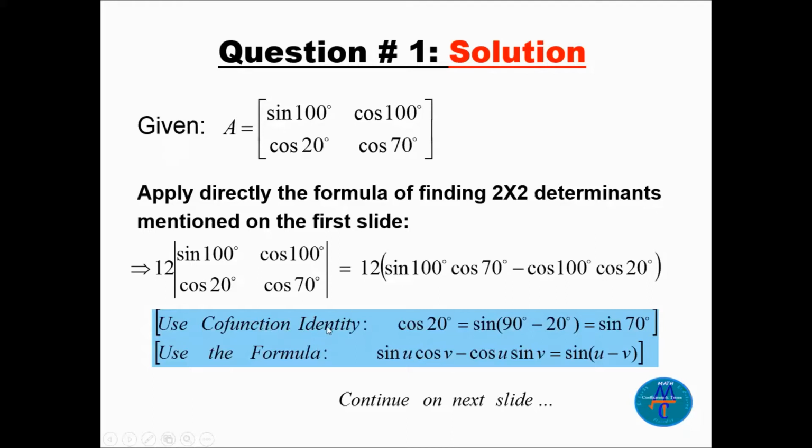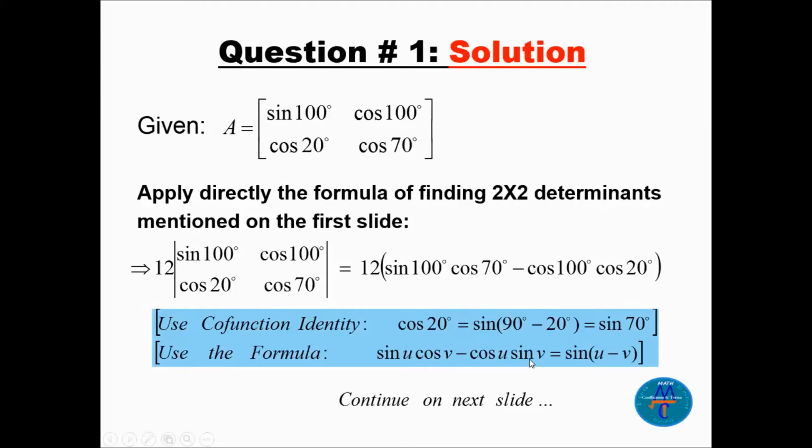We use cofunction identity. Cofunction means we change the cosine 20 that's here in the question into sine 70. These are exactly the same numbers. So cosine 20 will be sine 90 minus the 20, which becomes sine 70, because I need here sine to use the formula.